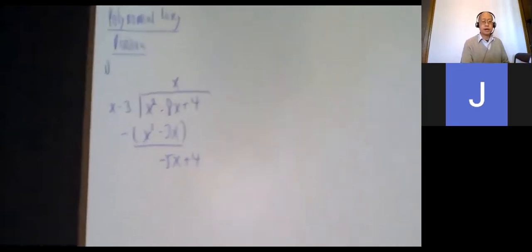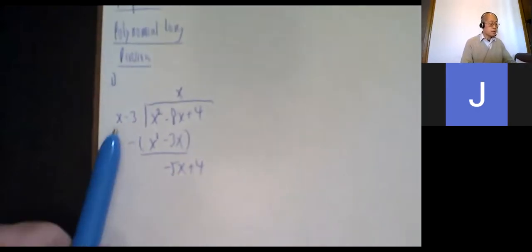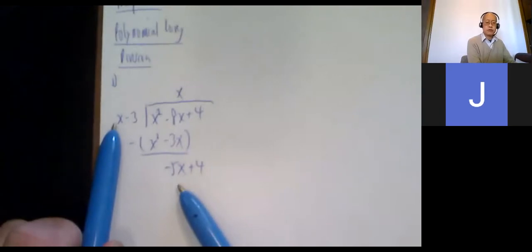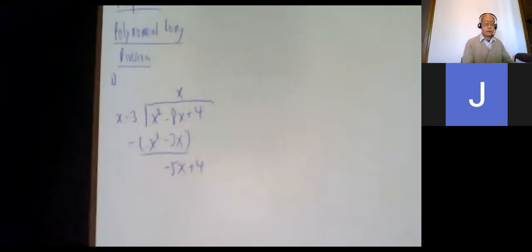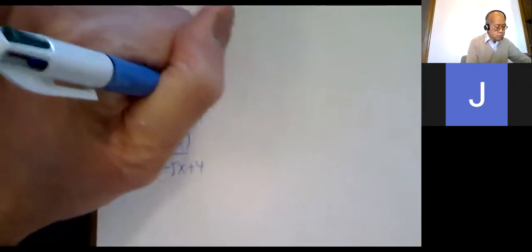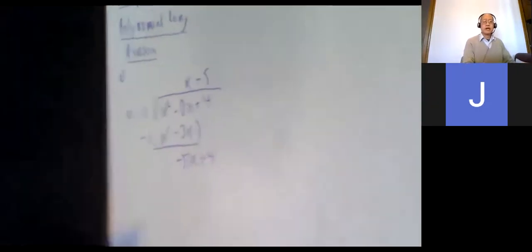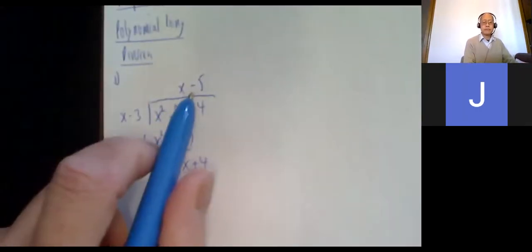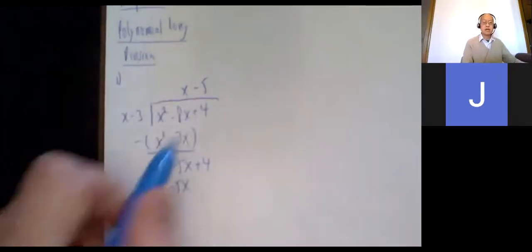Okay. And then I do it all over again. So first thing here, first thing here. What do you multiply x by to get negative 5x? Negative 5. So negative 5. Now I'll take negative 5 times this whole thing. Negative 5 times x is negative 5x.